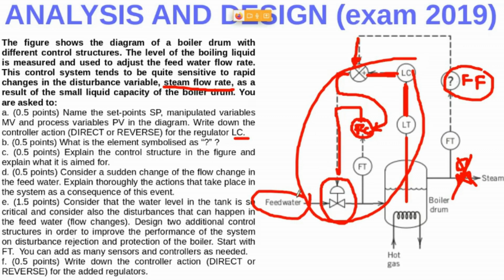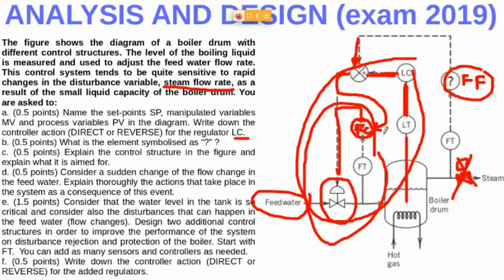So now with this cascade control strategy, if any sudden change happens in this feed water, this disturbance will be rejected thanks to the flow controller loop. You may think that this implies the acquisition, the buying of a new device.